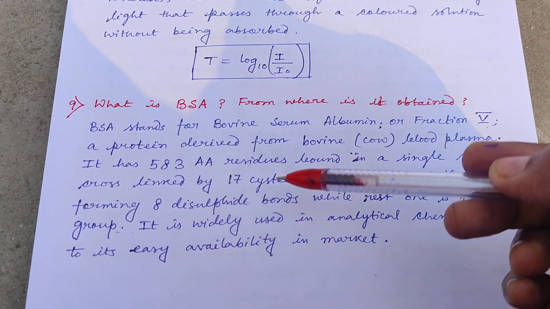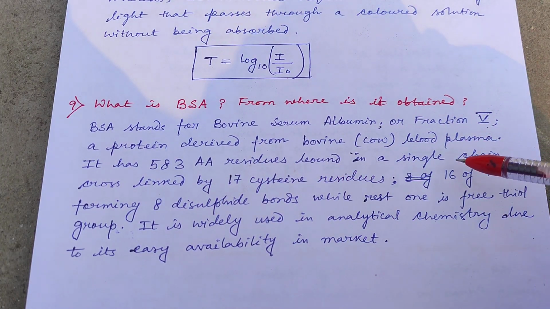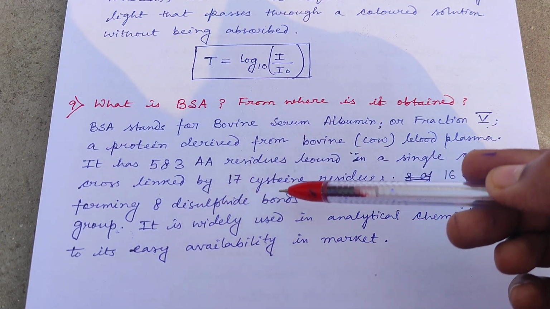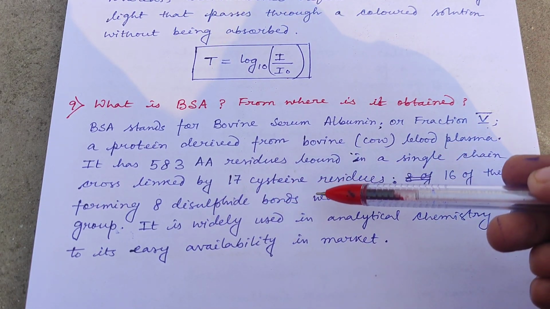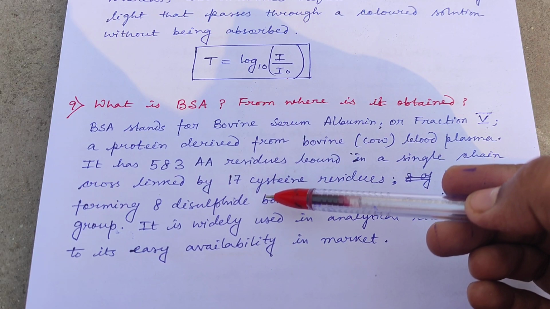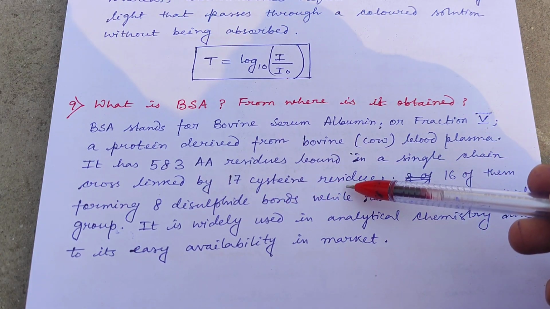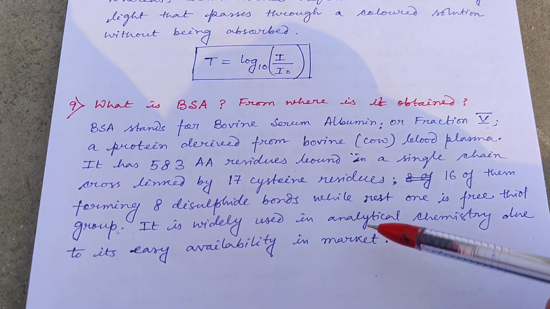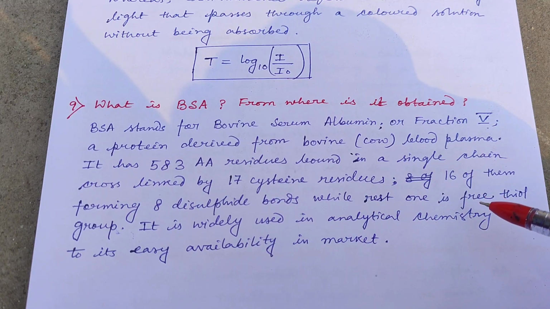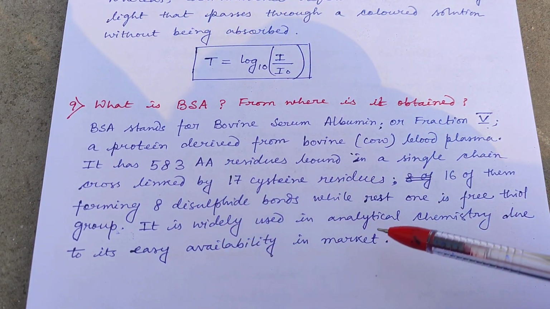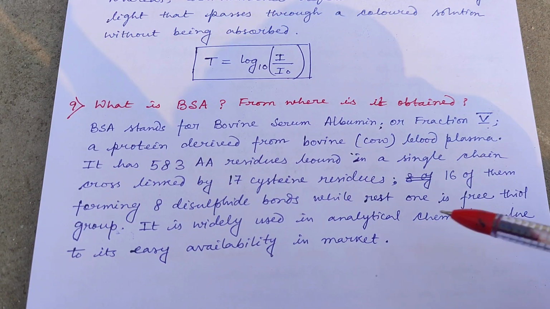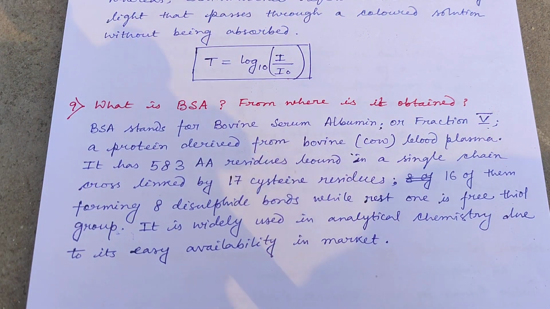It has 583 amino acid residues bound in a single chain, cross-linked by 17 cysteine residues. Among these 17 cysteine residues, 16 cysteine residues form the 8 disulfide bonds, and one is represented as a free thiol group. It is widely used in analytical chemistry due to its easy availability in the market.